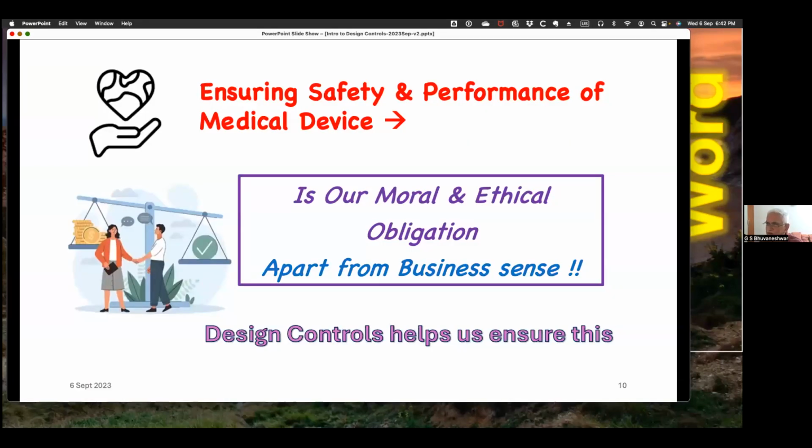So ensuring safety of a medical device is our moral and ethical obligation, apart from, of course, business. And as I said, some of the companies have closed down because of device failures, particularly if the failure is due to either negligence or bad manufacturing.